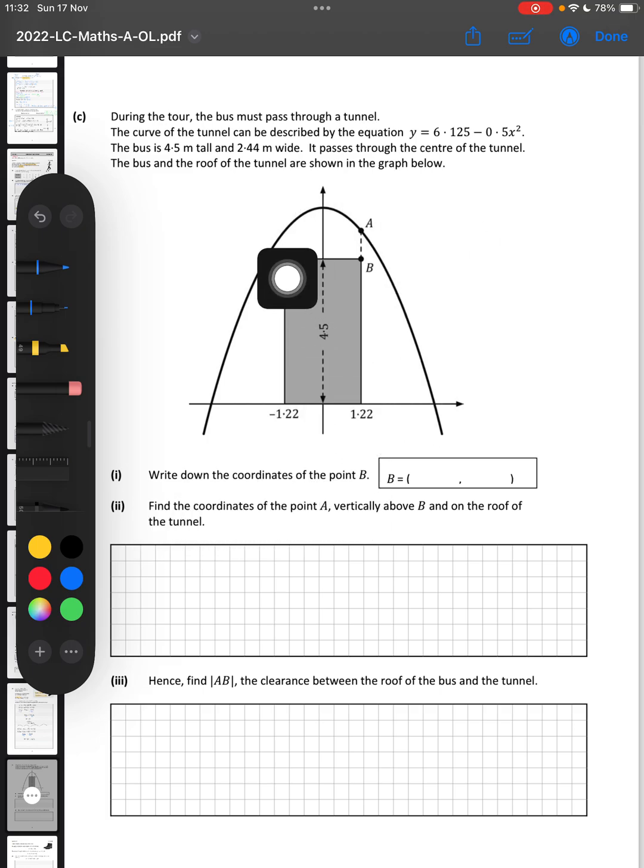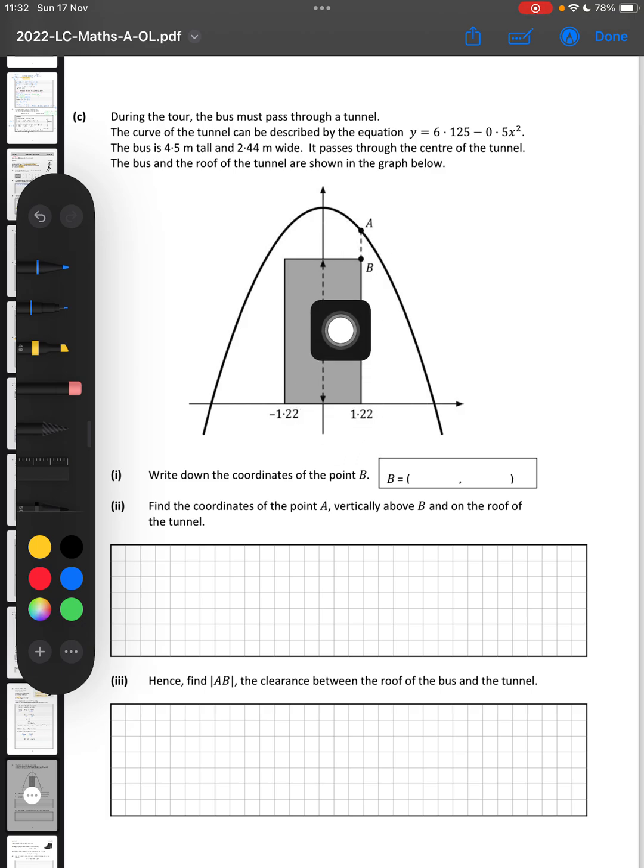So this here is the bus. This is the tunnel. Okay, so the bus was 4.5 meters tall, and it was 2.44 meters wide. So from the center, it goes half of that left and half of that right, so 1.22 to the right.